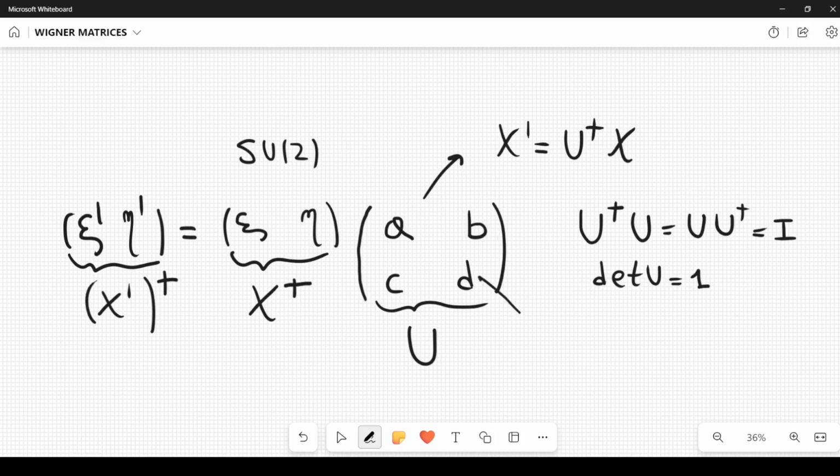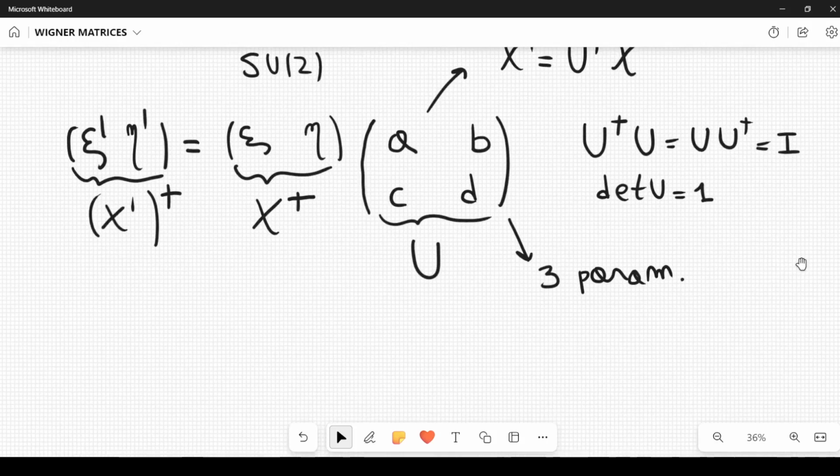In general, these parameters are complex, so they have a real part and an imaginary part. So from here you actually have 8 real parameters. But due to these constraints, what you get in general from the theory of SU2 is 3 independent real parameters.